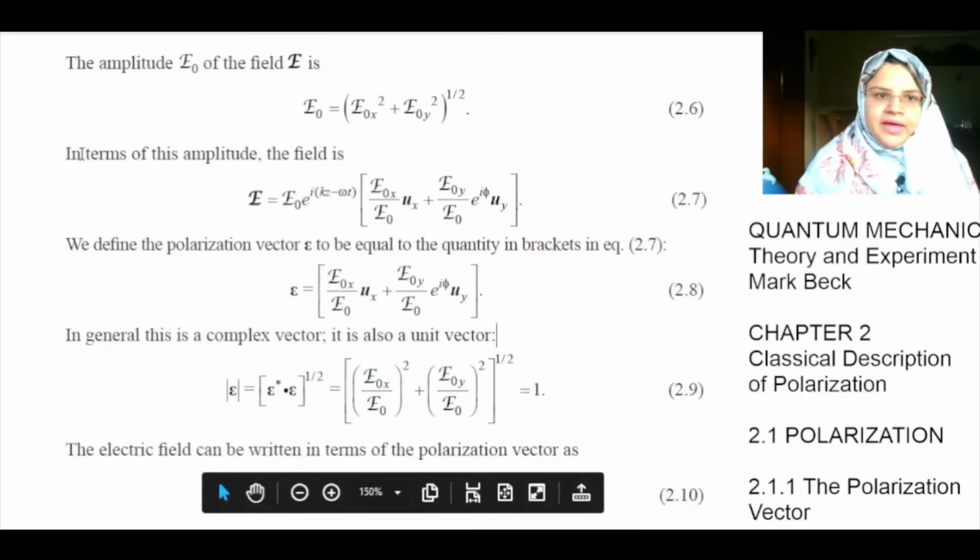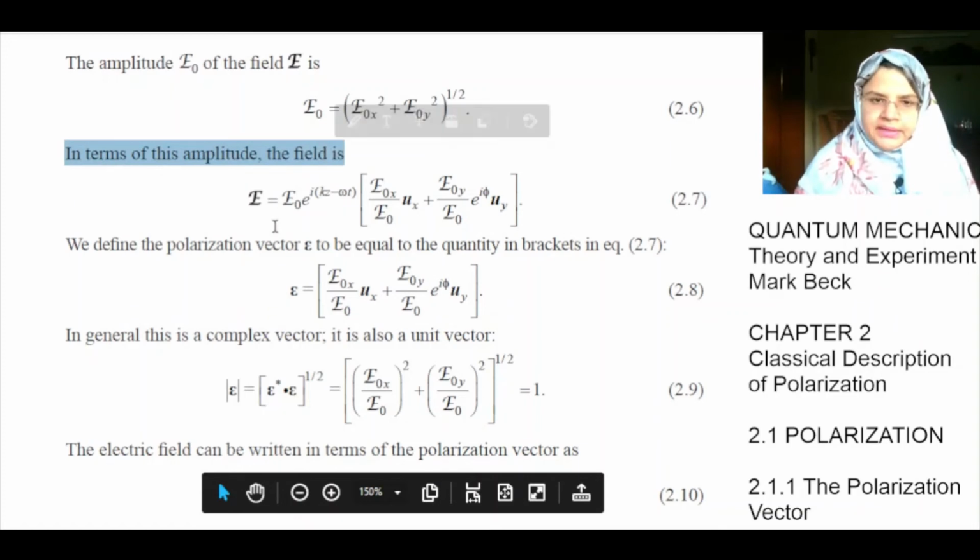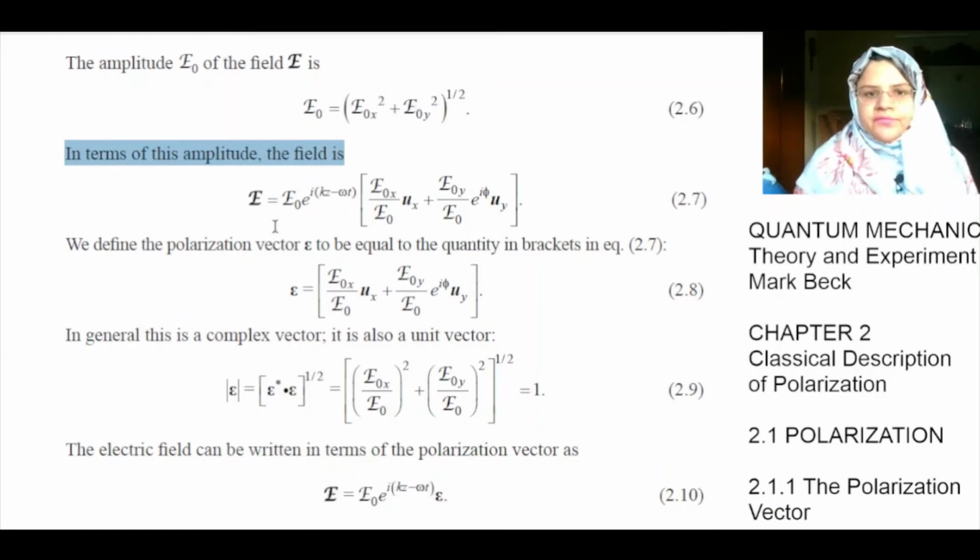In terms of amplitude, we multiply the electric field by E naught and divide the electric field by E naught. We take e^(i(kz - ωt)) as common. We are left with the electric field E = E naught e^(i(kz - ωt)) [(E naught x / E naught) u_x + (E naught y / E naught) e^(iφ) u_y].